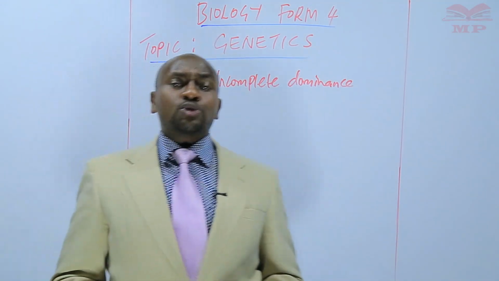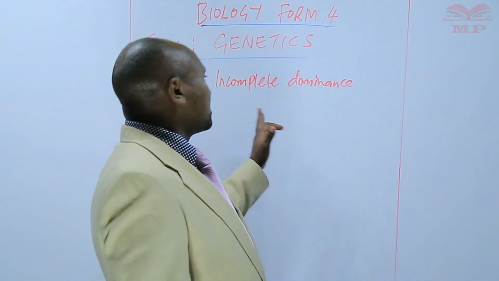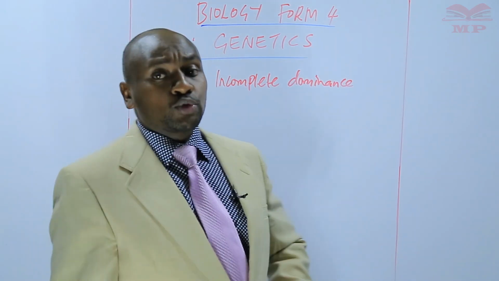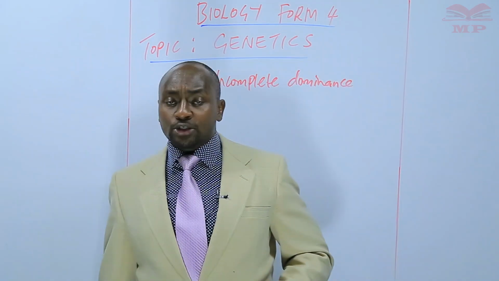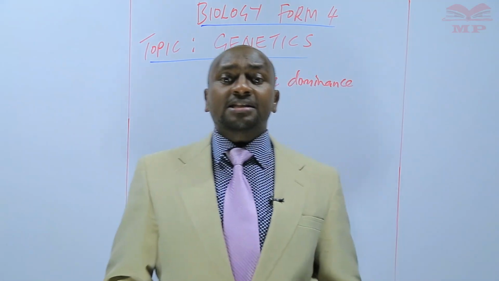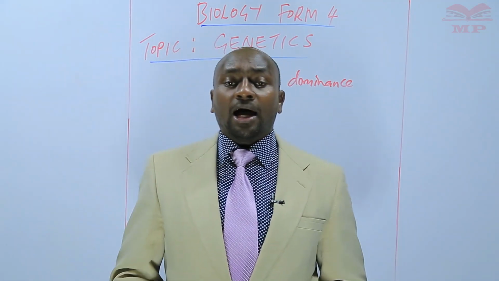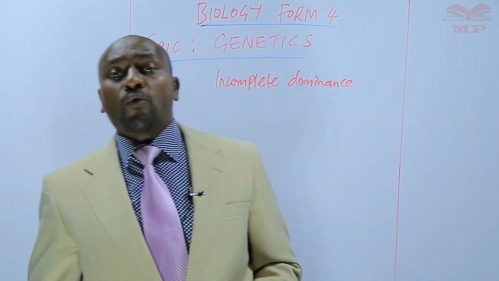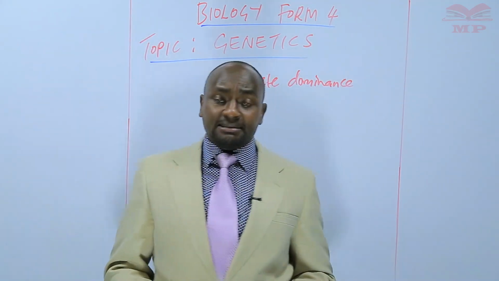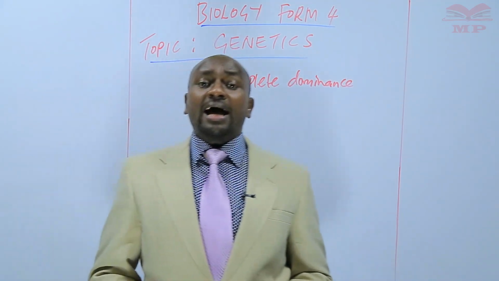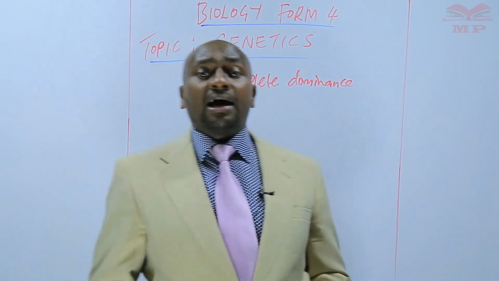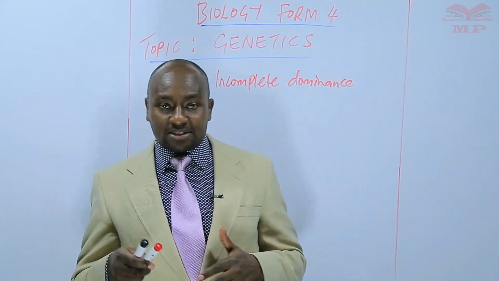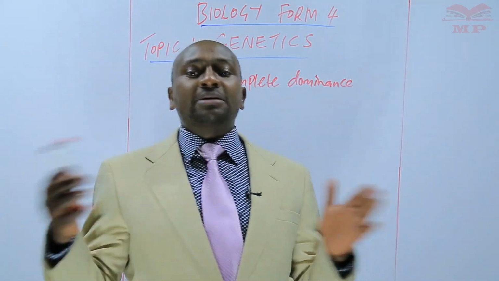Now I want us to learn something a bit different, which is incomplete dominance. This is a situation whereby we have two alleles, but instead of one allele dominating the other, both alleles form a trait that is an intermediate of the two.